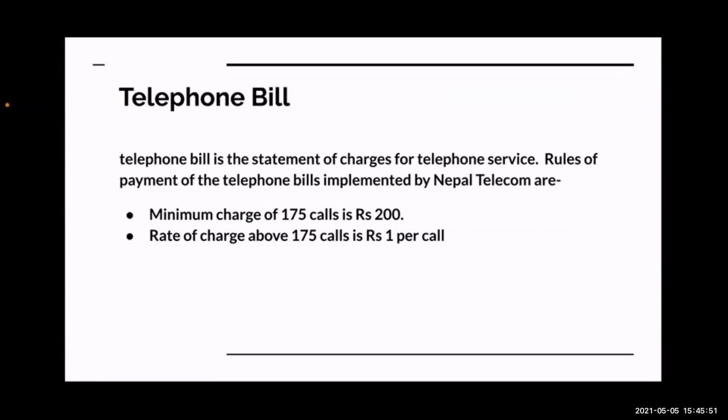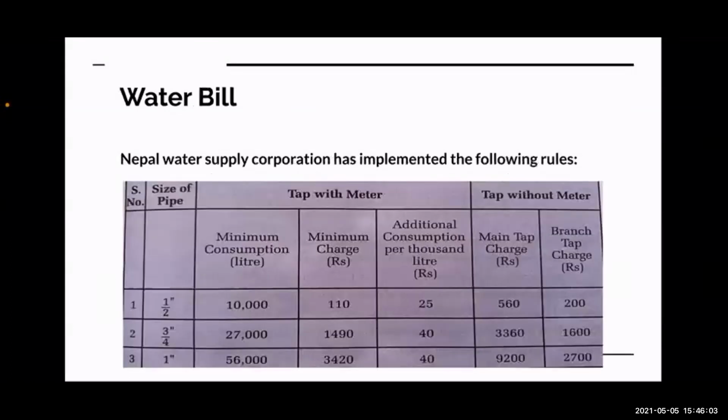The rules of payment of telephone bills implemented by Nepal Telecom: the minimum charge for 175 calls is Rs 200. The rate of charge above 175 calls is Rs 1 per call. Water bill. The Nepal Water Supply Corporation has implemented the following rules. As you can see, I've posted a photo.